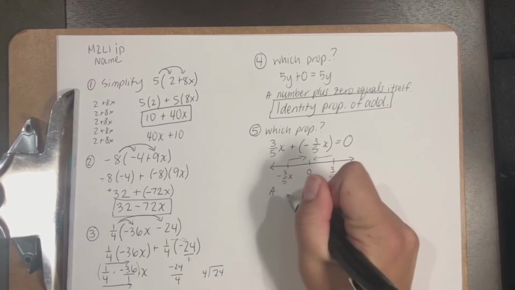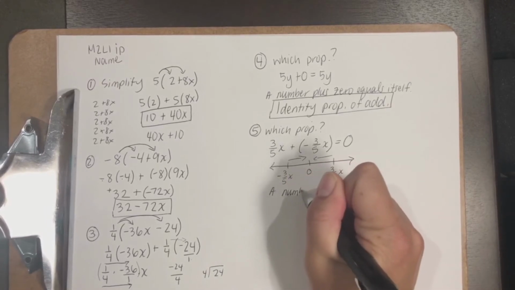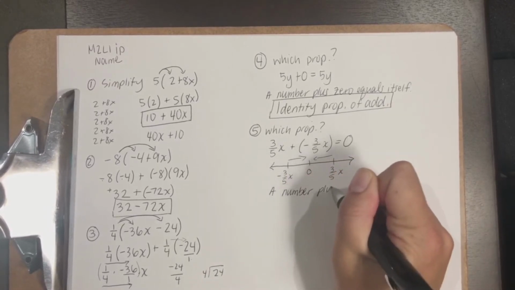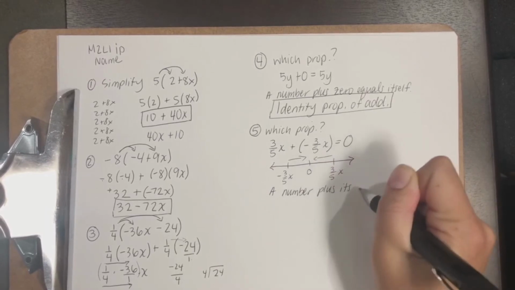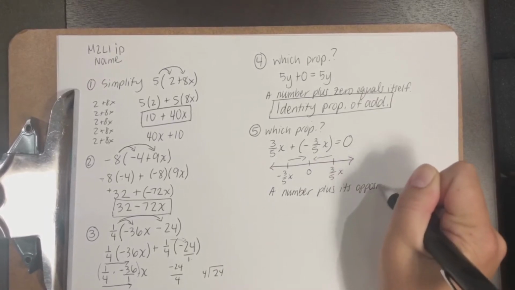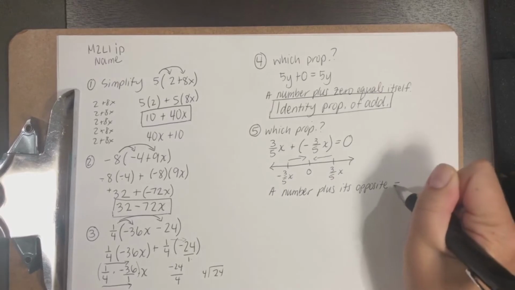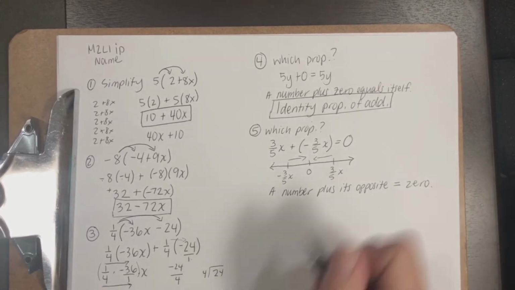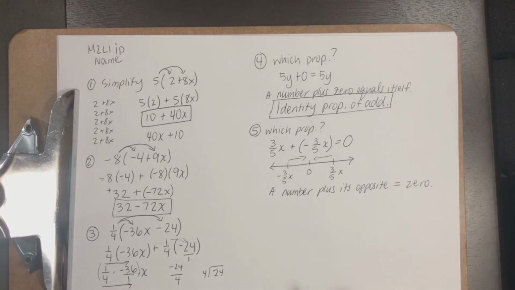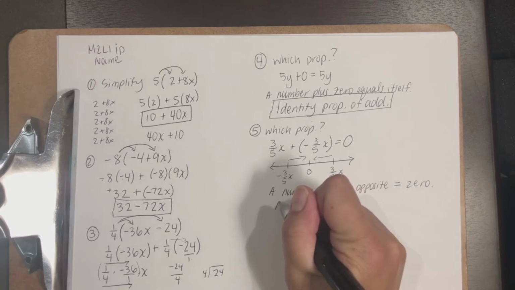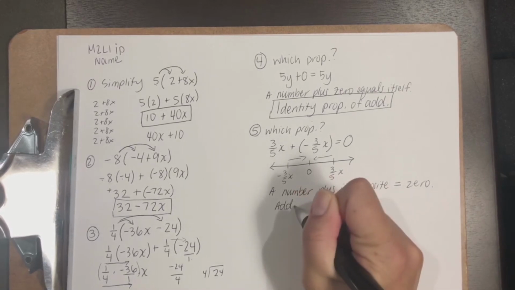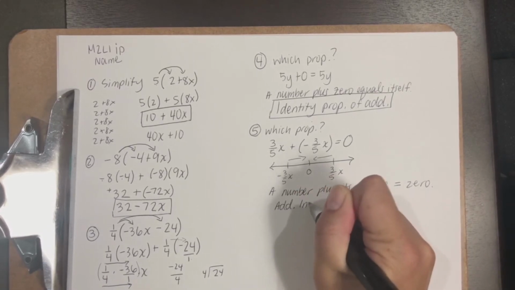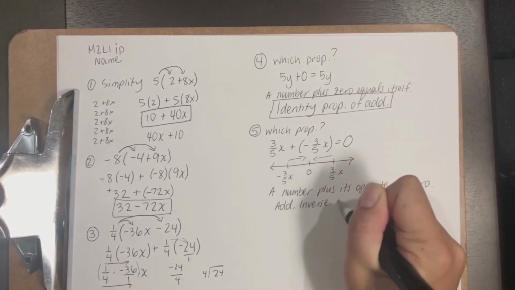So this is a number plus its opposite equals 0. So that would be the inverse property of addition, or additive inverse property.